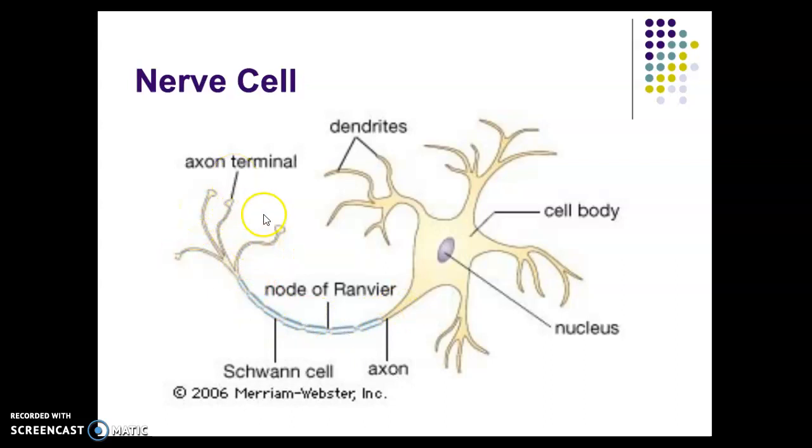Every single muscle cell is going to interact with an axon terminal, okay? And there's only going to be one axon terminal that's going to stimulate that muscle cell to contract. And so this neuron, its axon, is broken into 4 axon terminals. So that means that, if we're talking about skeletal muscle cells, there's 4 skeletal muscle cells that this nerve cell could end up stimulating, if that makes sense.